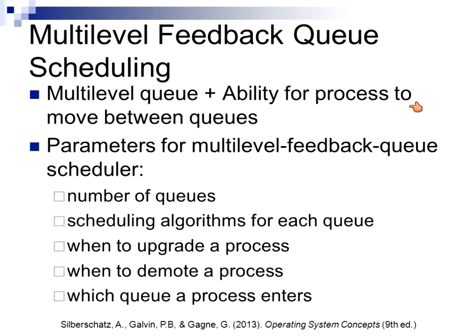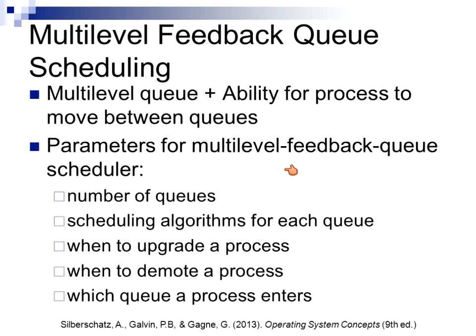So when we do multi-level queuing, we're not just putting things in different queues depending on their characteristics and then scheduling the queues and then scheduling the processes within the queue. We're also moving processes. We can move them to a higher priority queue or to a lower priority queue. They're not fixed. They don't stay in that queue. They can move around depending on what's happening in that process.